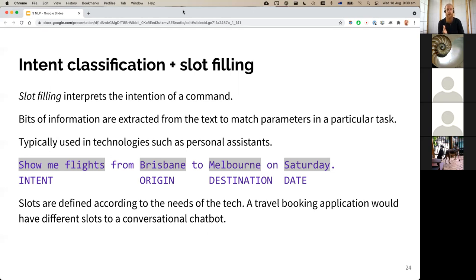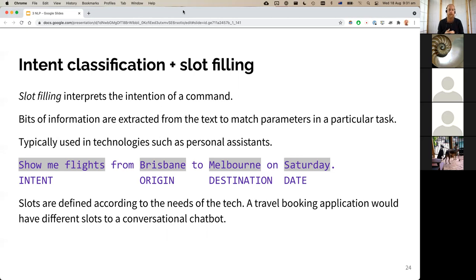So this input text can be parsed, and what the booking application might need are these slots. Well, what does it need to complete the command? It needs to know the origin of the flight, the destination of the flight, and the date of the flight. If there are other parameters that are required, then these are other slots.